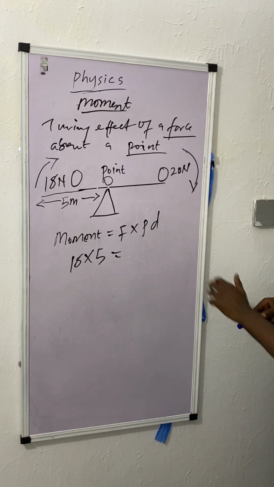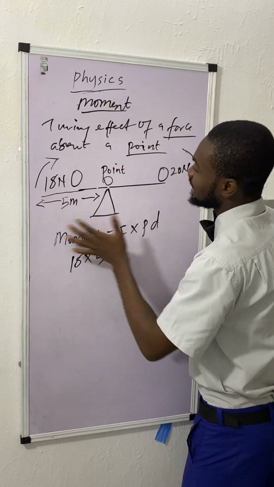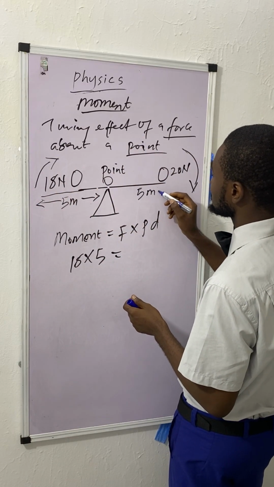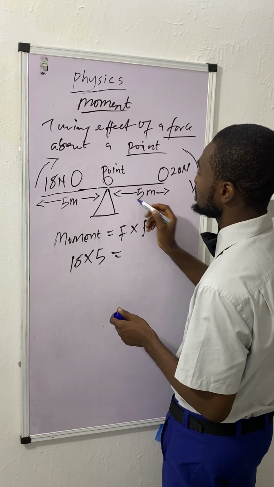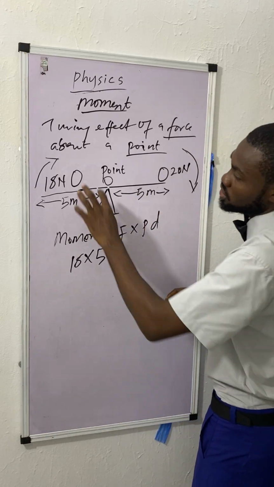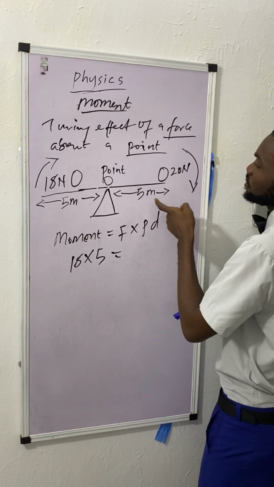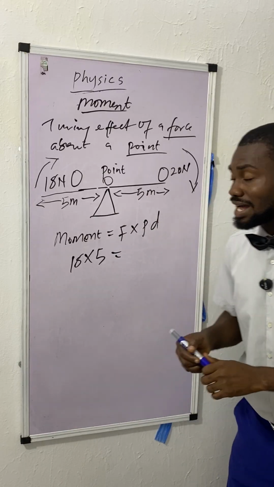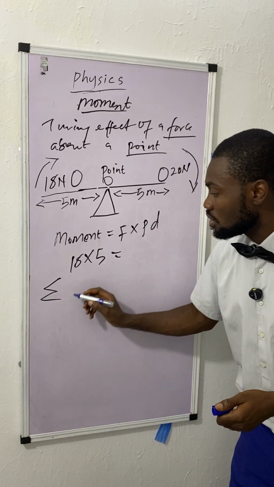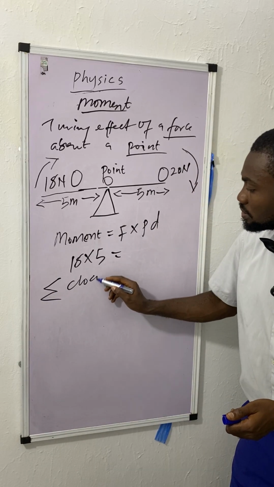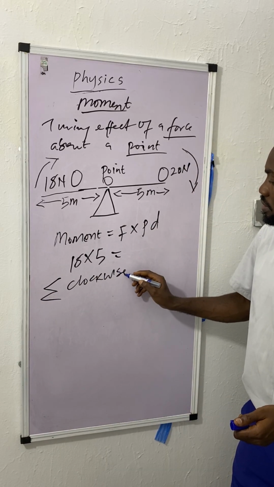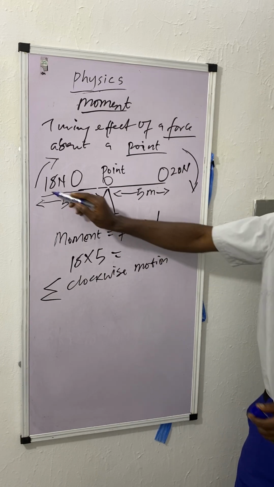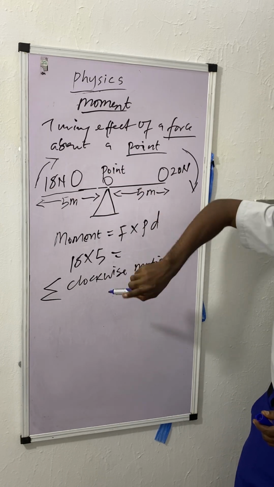So if they tell you to calculate the moment of the entire system, and maybe here we also have 5 meters as the distance between here and here, what will you do? Just calculate the moment between here and here, and the moment between here and here. Then you add the two. Because the law of moment states that the summation of clockwise moments is equal to the summation of anti-clockwise moments. Clockwise means ascending, like this one, when it's going up.